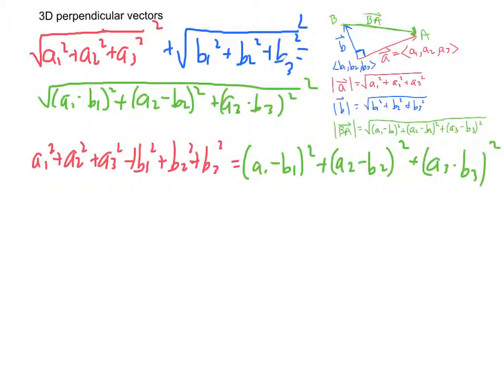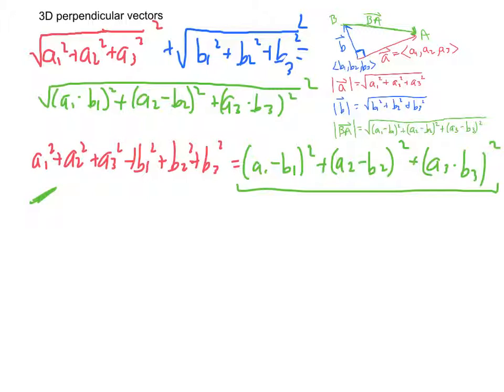So let's take a peek at this right hand side. We have three things we have to FOIL out. So I'm just going to look at this right now. We're going to take a little kind of sidebar here.